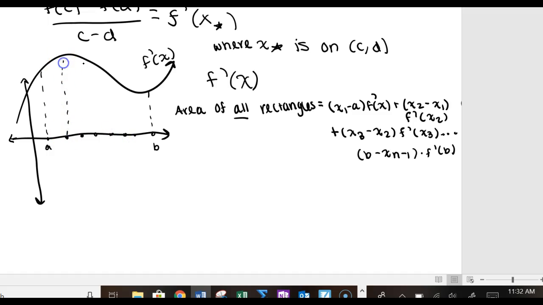That's the mean value theorem. All I'm going to do with this is multiply over here. So I get f of c minus f of d equals f prime of x at some value between c and d, times c minus d.